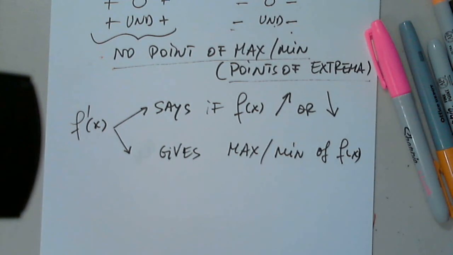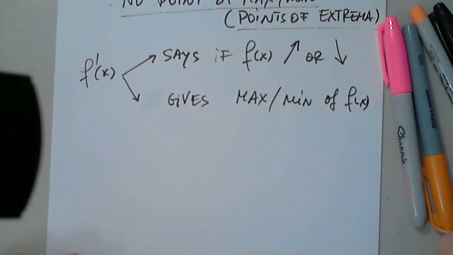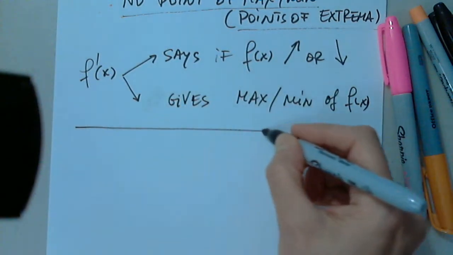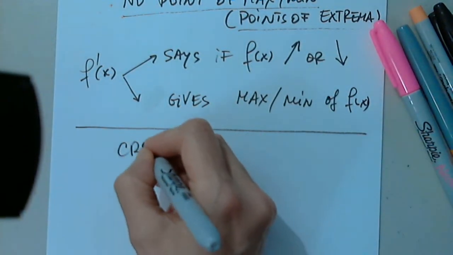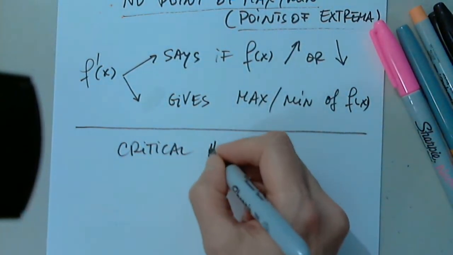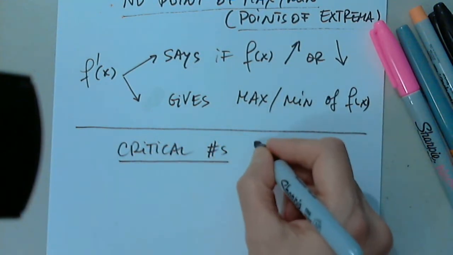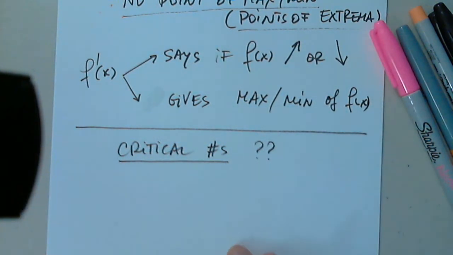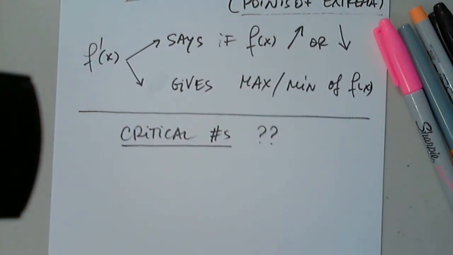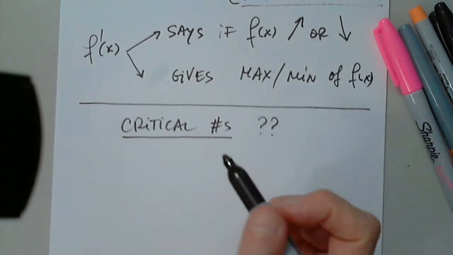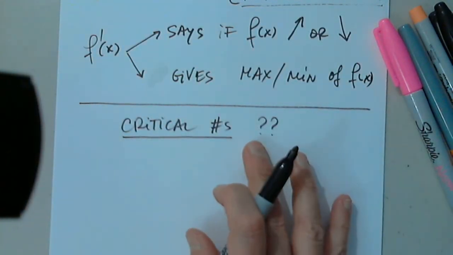Okay, so let me also talk about this before we choose a problem: critical numbers. What is a critical number of a function? I just muted you, so unmute yourselves when you want to speak. So first of all, what is a critical number?